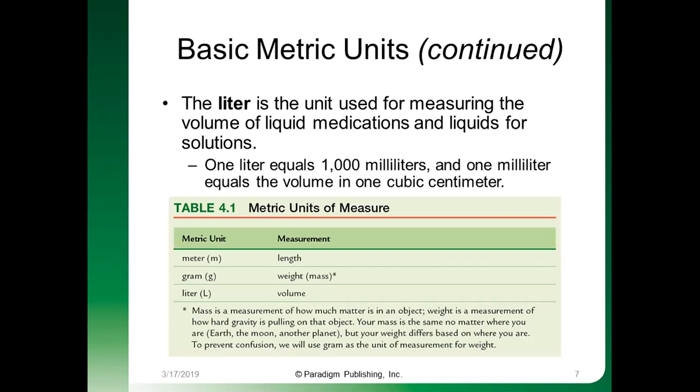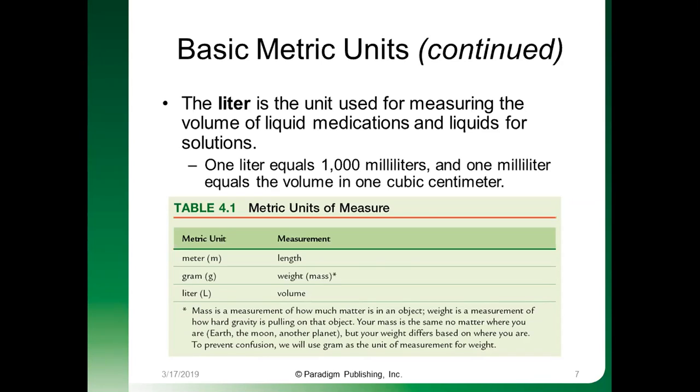Liter is the unit used for measuring the volume of liquid medications and liquids for solutions. 1 liter equals 1,000 milliliters, and 1 milliliter equals the volume of 1 cubic centimeter.